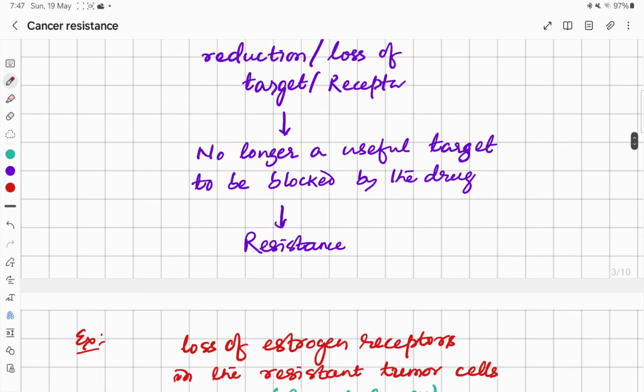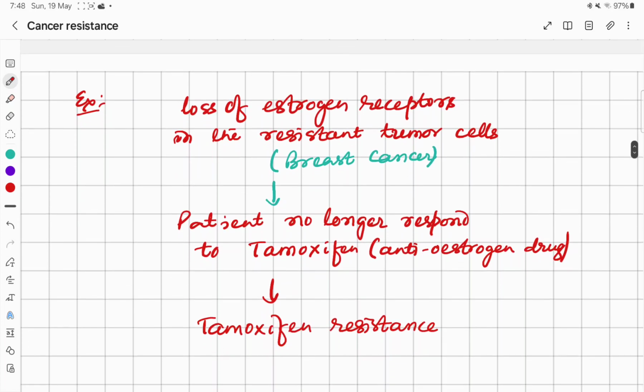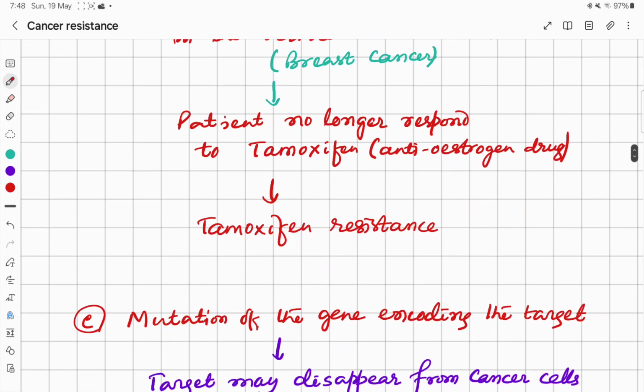And the most common example is in breast cancer. Tamoxifen, the anti-estrogen drug, resistance occurs when there is loss of estrogen receptors in the resistant tumor cells or the breast cancer cells. Patients no longer respond to tamoxifen because there is loss of estrogen receptors. That leads to tamoxifen resistance.